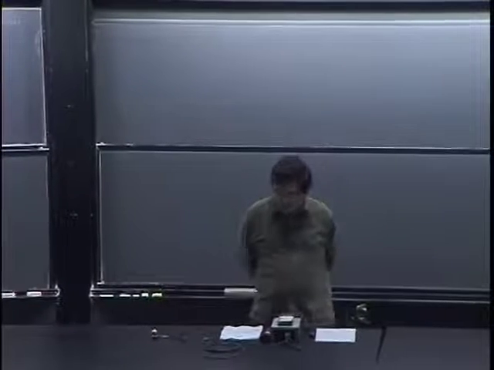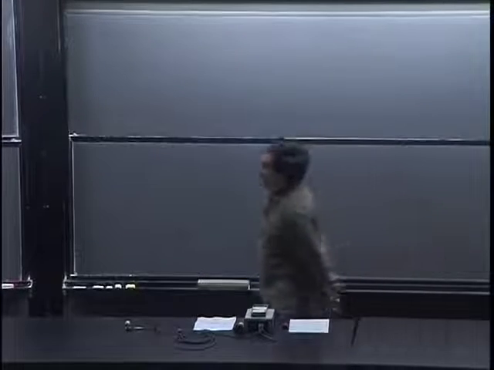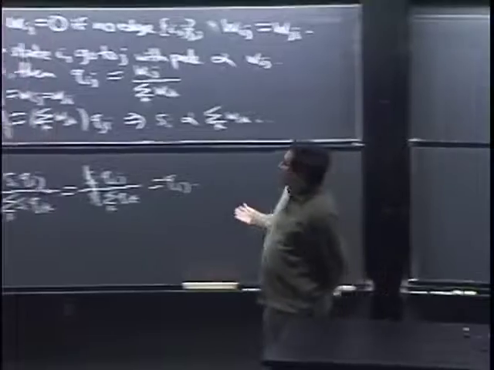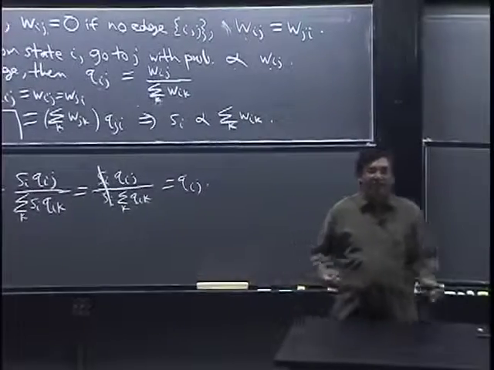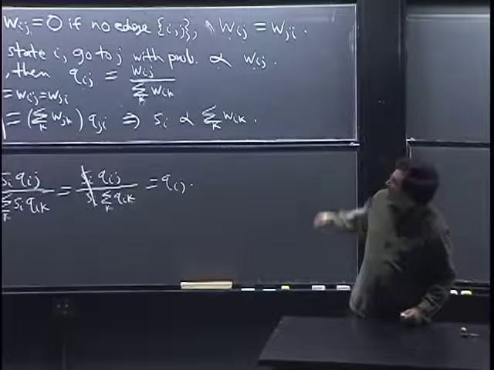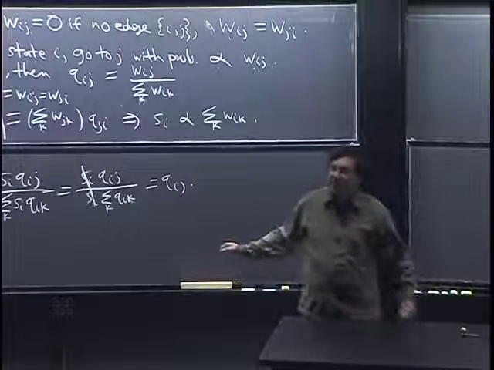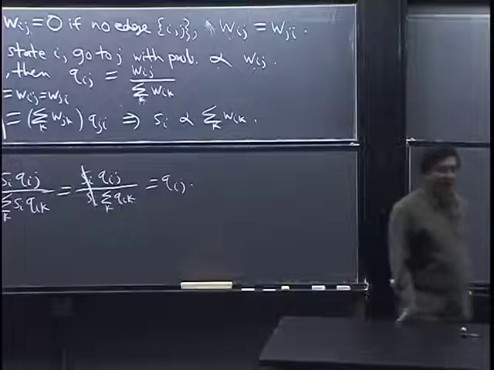And I wanted to do one example of a non-reversible chain. Non-reversible in general is going to be much more difficult. In the reversible case, there are a lot of really nice properties, both intuitively, because you can think about time running backwards and forwards, and practically, because you can often avoid matrix computations.